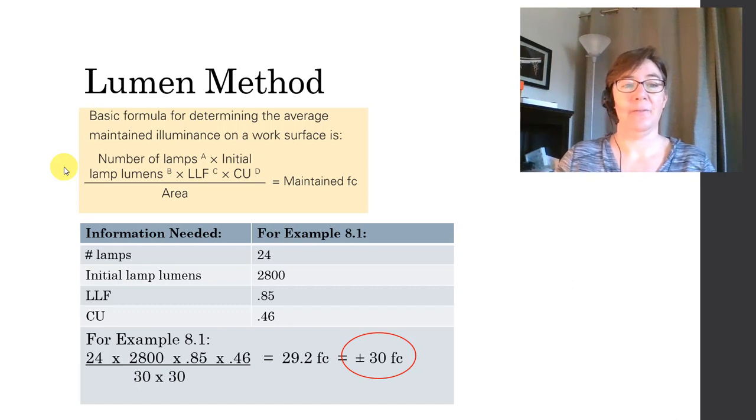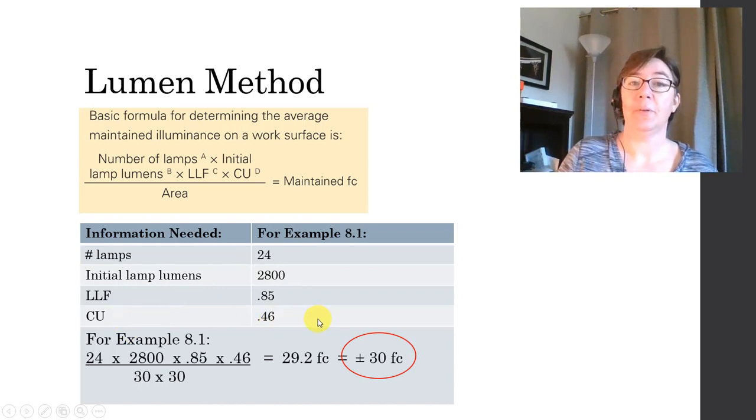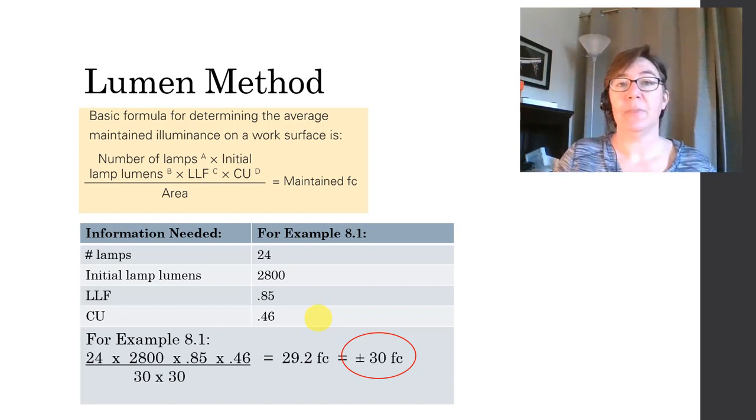All right, so here we go. For example 8.1, how many lamps did we have? We had 24. What were the initial lamp lumens? They were 2,800. The light loss factor was 0.85 or 85%. And the coefficient of utilization was 46% or 0.46. Let's put this all together.